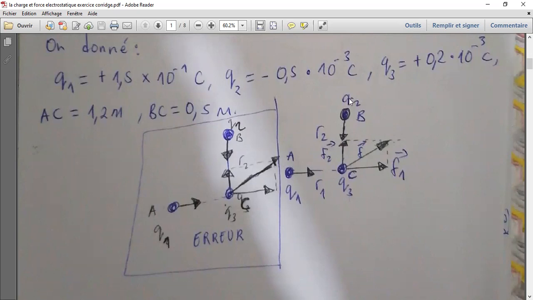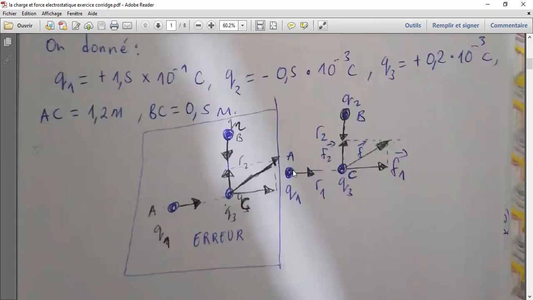Q1 is the one which exerts the force on Q3, so it's coming from Q1 to Q3.